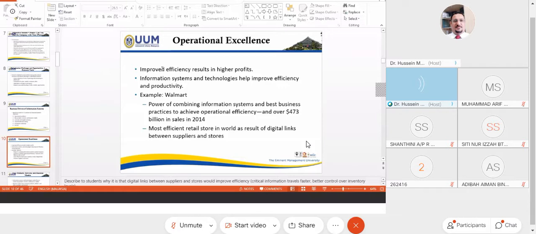So improved efficiency results in higher profits because operational excellence means we will reduce the cost of operation. When we minimize the cost of operation by, for example, 20 US dollars, that 20 US dollars will go directly to the profit.